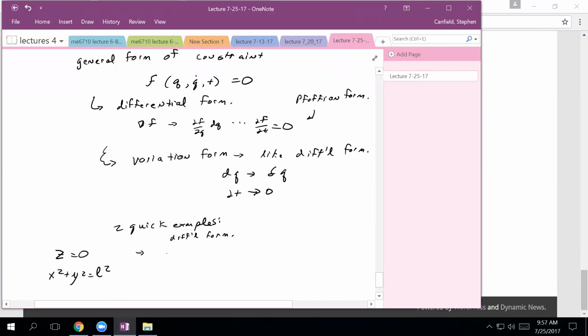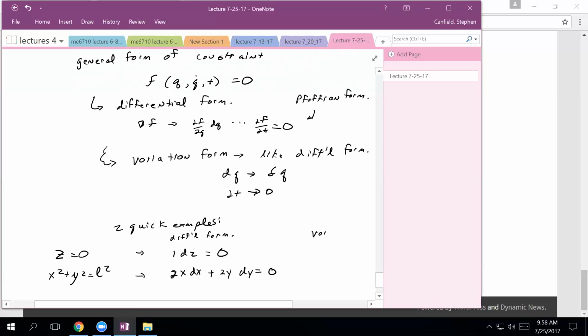So I get the partial of this thing with respect to z, which is 1, times dz, equals the partial of 0. 0 is constant, so it's 0. And then I get the partial with respect to x, which gives you 2x times the differential in x, plus the partial with respect to y, so that's 2y times the differential in y, equals the partial of L squared, and that's 0.